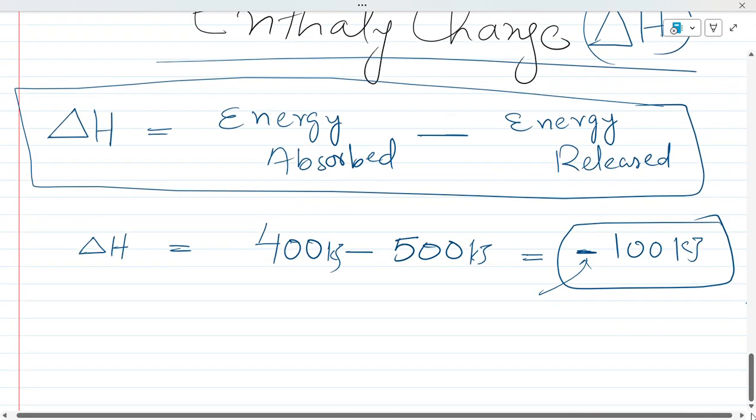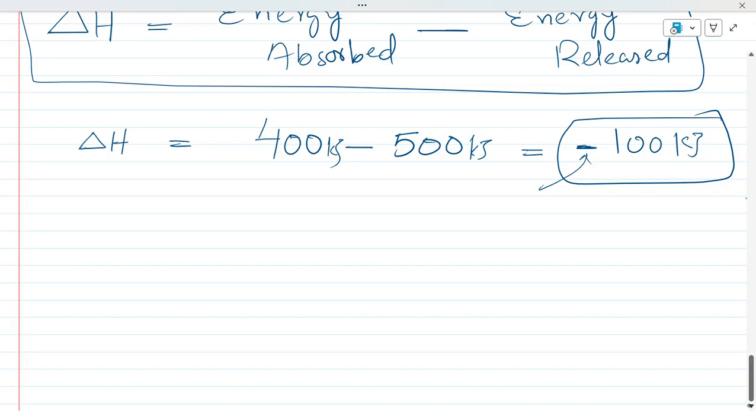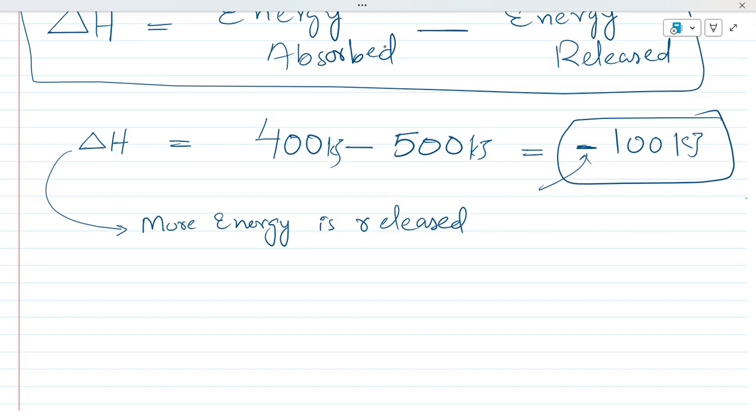A reaction in which more energy is absorbed is called an endothermic reaction, and a chemical reaction in which more energy is released is called an exothermic reaction. So for this particular reaction, more energy is released, so that's why it is an exothermic reaction.